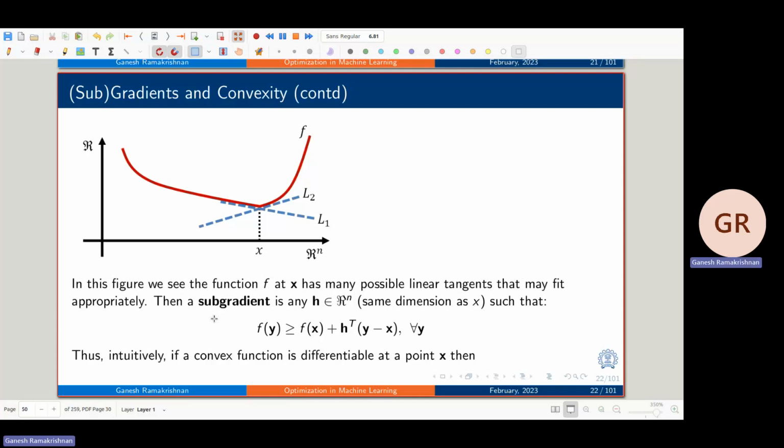In this case, instead of x2, I have y and in place of x1, I have x. But it's the same. So intuitively, if a convex function is differentiable at point x, then what do you expect? If this is my definition of subgradient, and if the function is differentiable, then the subgradient will be a gradient.